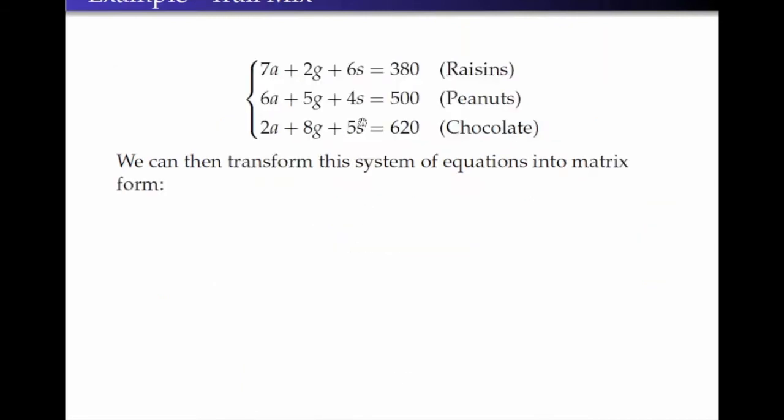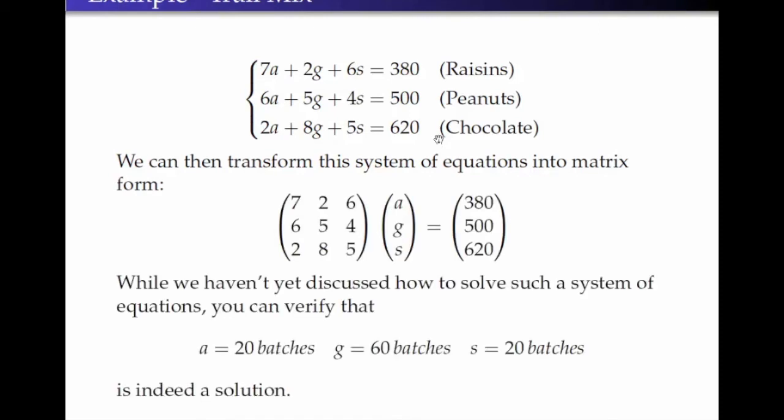So now we can transform this system of equations into matrix form. And we simply have the matrix of coefficients multiplied by the vector of unknowns. And we know that the right-hand side vector are these supply capacities. And so we haven't yet discussed how to solve a system like this.